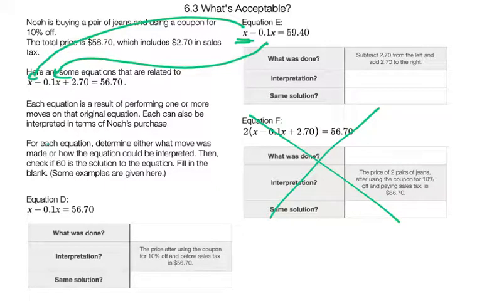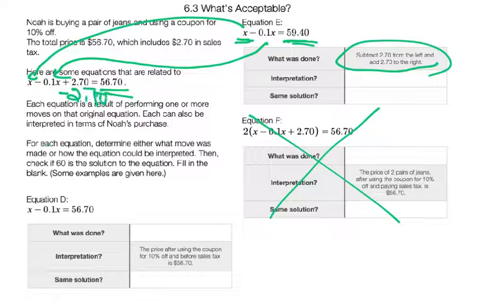Okay, well again, where did the $2.70 go? It's missing. But now all of a sudden, I've got this big number here. I don't have 56.70, I've got 59.40, and if I read this, it said I subtracted 270 from the left, and I added 270 to the right.